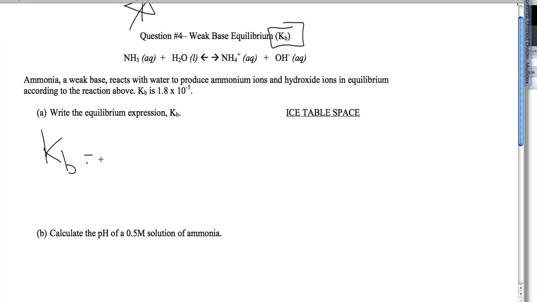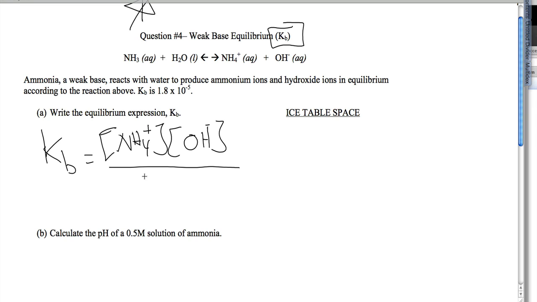So KB, always going to do this first, is going to be equal to the concentration of the ammonium ions raised to the first power multiplied by the concentration of the hydroxide ions all over the concentration of the ammonia, or just the ammonia. Water doesn't count in an equilibrium expression.